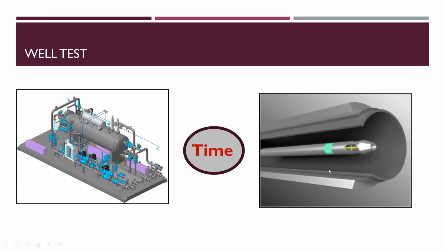And the second one, which is the most usable one, is SRO, standing for surface readout. That means we are able to see the pressure values in real time during the test period itself. We will not wait until we extract the downhole gauge, then start the analysis process. So from now on, all companies are using only SRO.